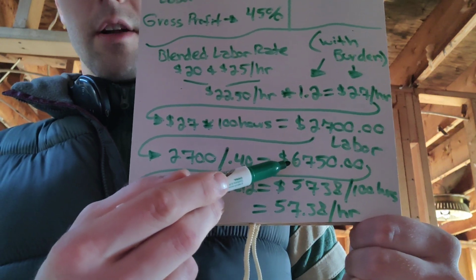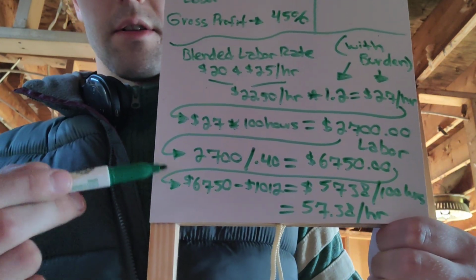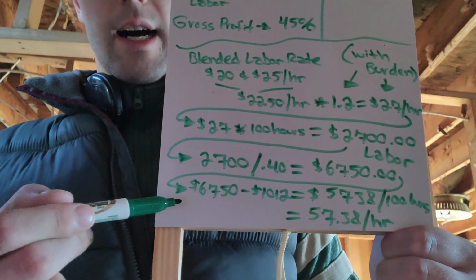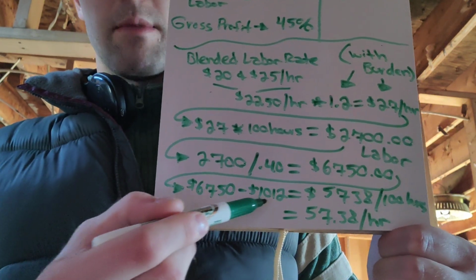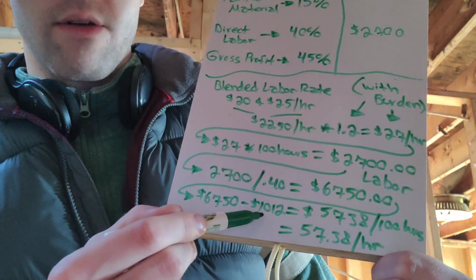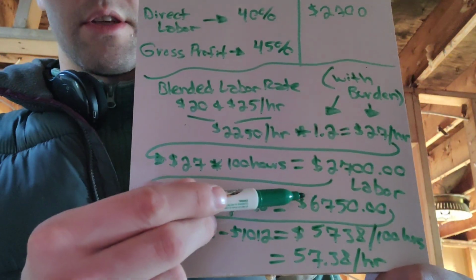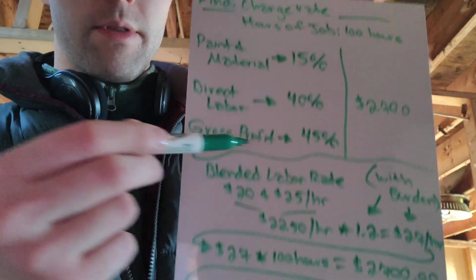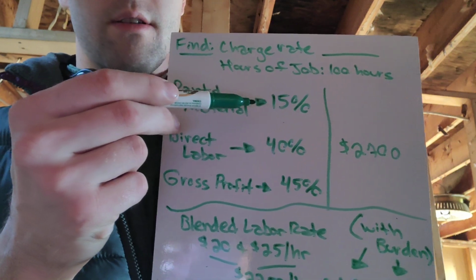Assume that you're producing it on time and profitably. So once you have this number right here, bring it down here. You're going to have the total job cost here. And what I typically do is just subtract out the paint material. So how I got this number, the 1,012, I basically just took this total job cost number and multiplied it by 0.15. And that's 15%.